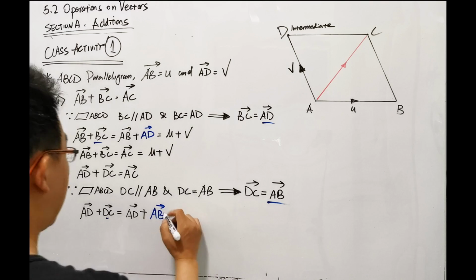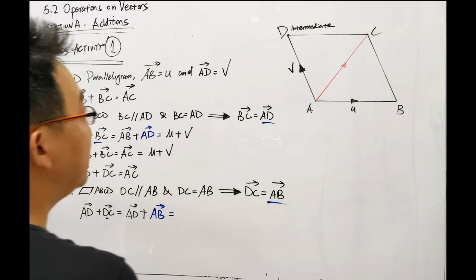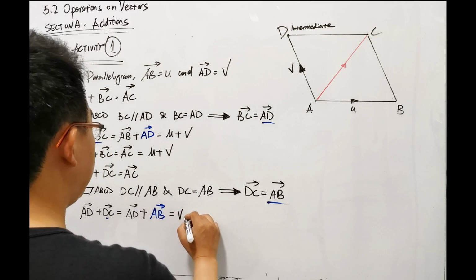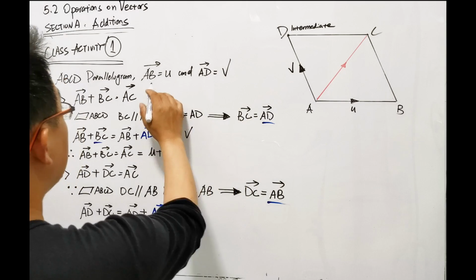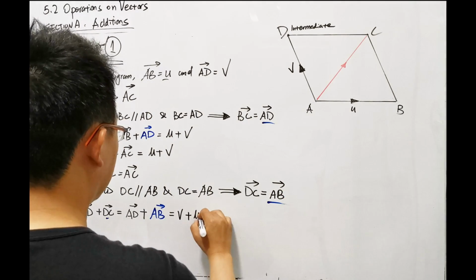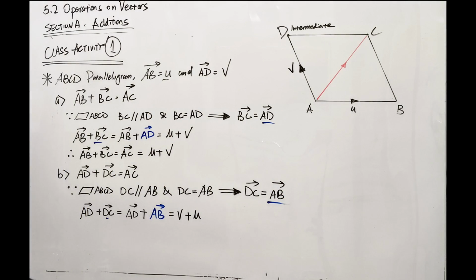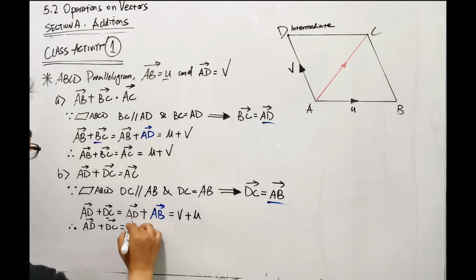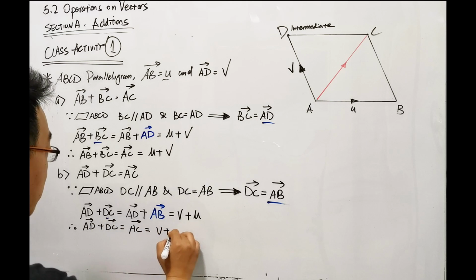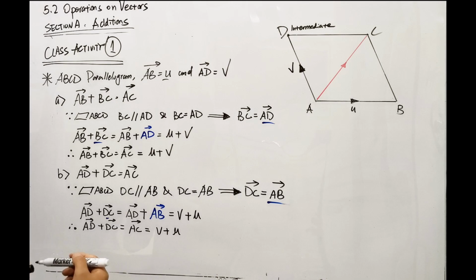So now we get AD, which is v, plus AB, which is u. Therefore AD plus DC equals AC and equals v plus u. So that's the answer to this.